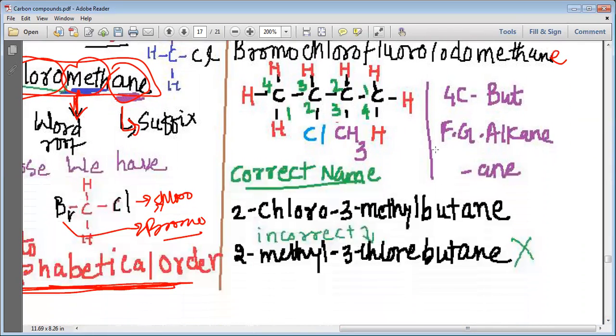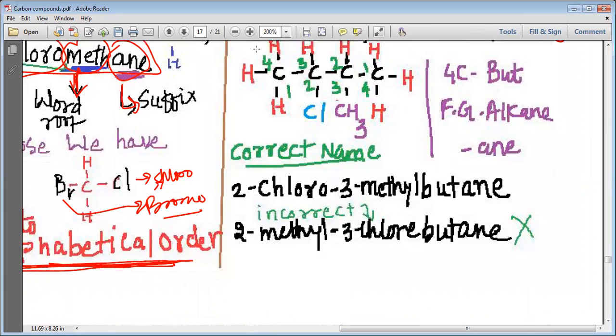Same way, my dear students, if you want to write the name of the compound in front of your eyes on your screen, you can see that we have carbon 1, 2, 3 and 4. So 4 carbon, that is why we will write but. Then you can see that on the third carbon we have a methyl group, on the second carbon we have a chloro group.